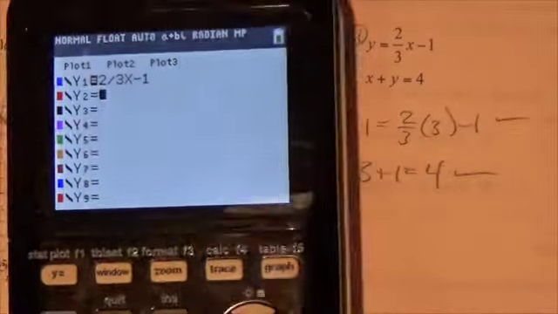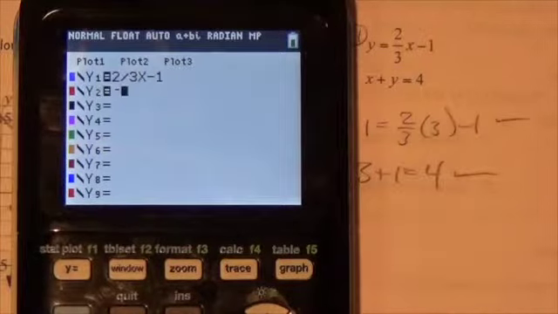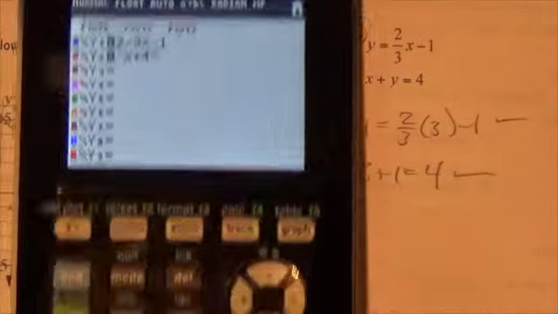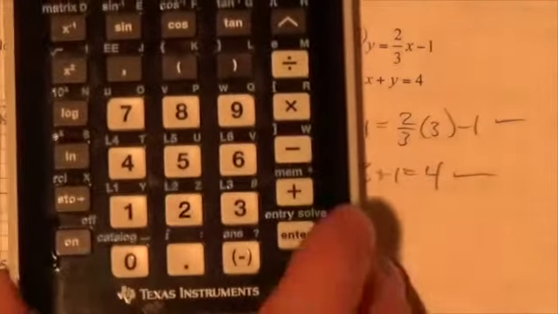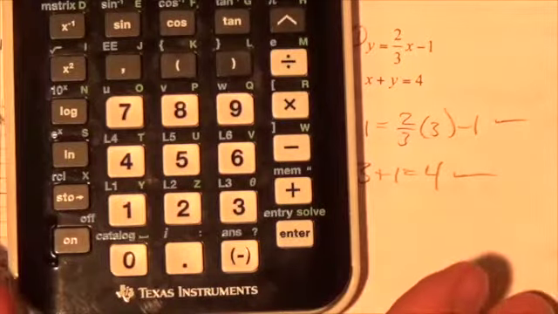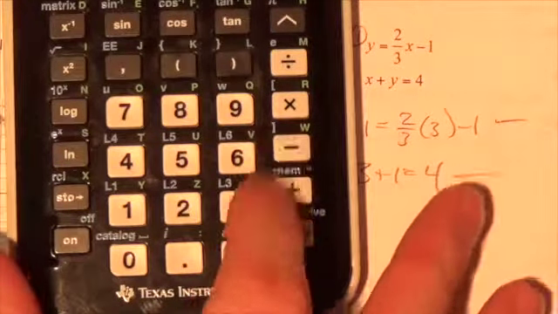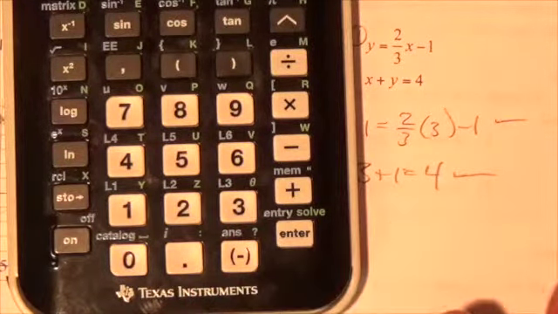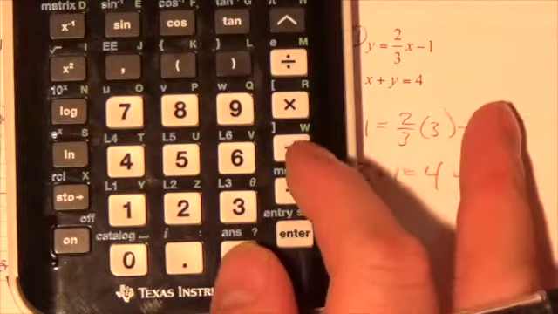Then what was the other equation here? Brought that x over, so negative x, and again, plus 4. Remember to use the negative button here, not subtraction, when you're identifying that x is negative. They mean different things. Well, they're really similar, but the calculator sees those as different.